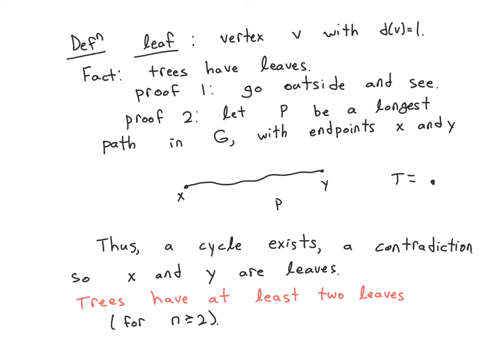That is as best as possible because the path graph always exists. And the path graph is a tree, is connected, and has no cycle. And it has exactly 2 leaves.